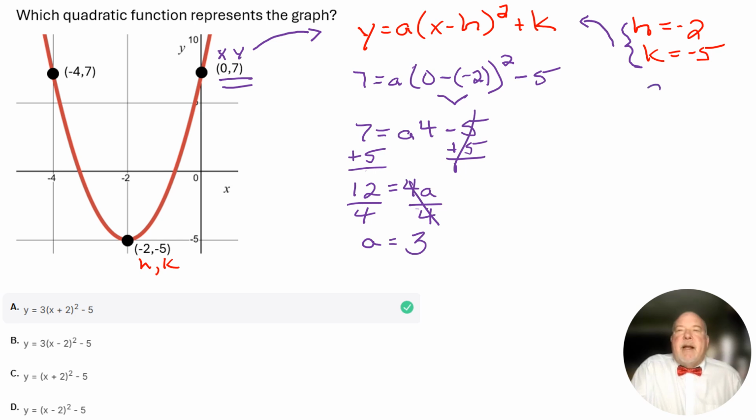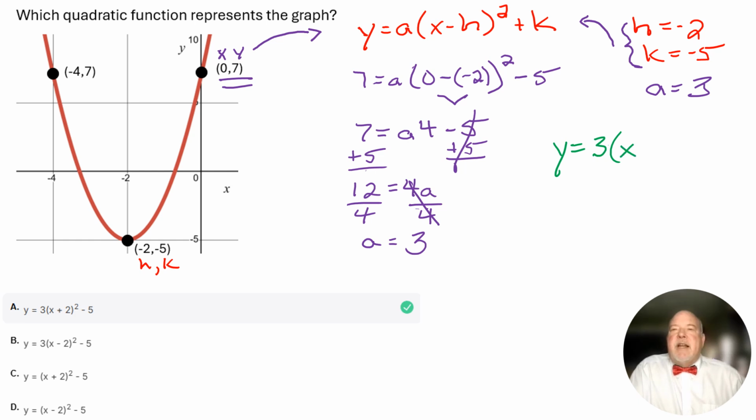So now I have my h, my k, and my a. So if I just plug those in, the equation for this graph is going to be y equals a, which is 3, times (x minus h).